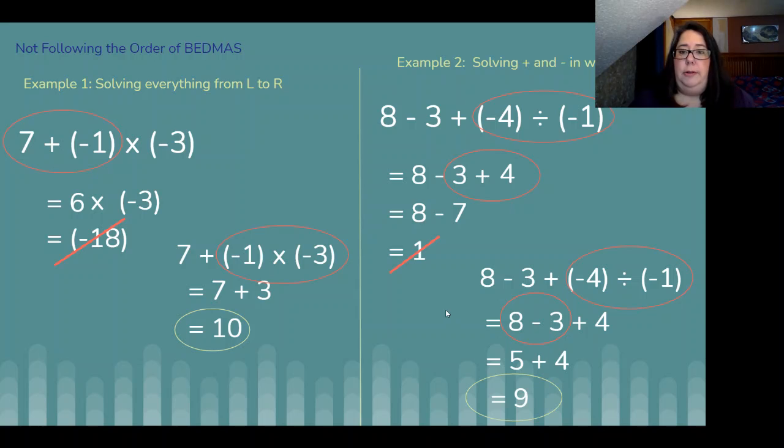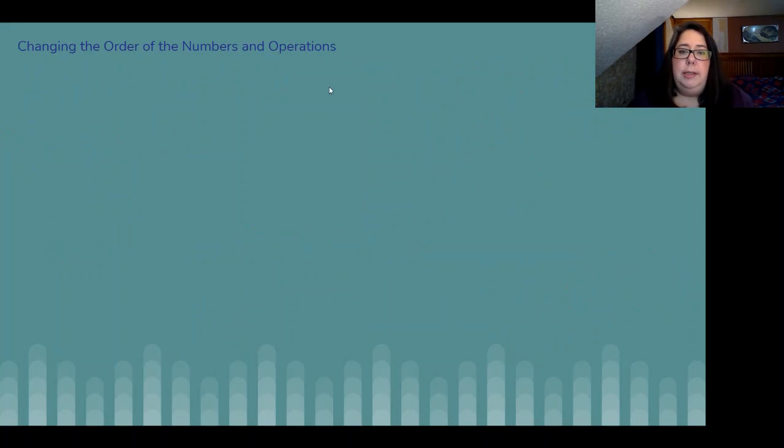There's your correct answer. For the next common error, it's often seeing students changing the order of the numbers and operations. It comes down to students not copying down the problem exactly from what they saw in the previous step. In this question, we're going to see 4 take away 5 plus -11 in brackets.